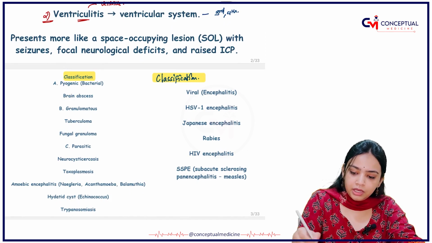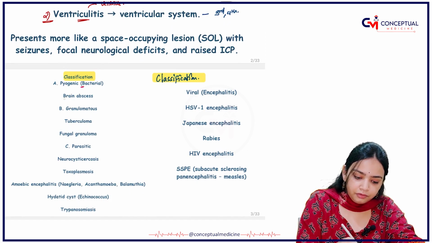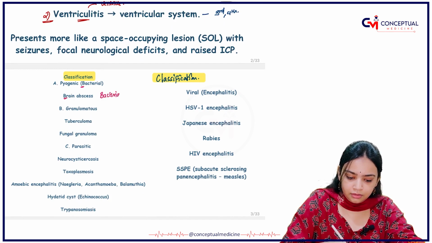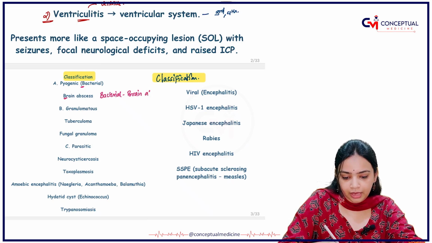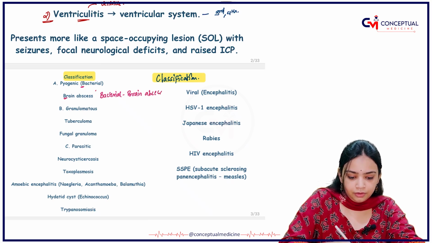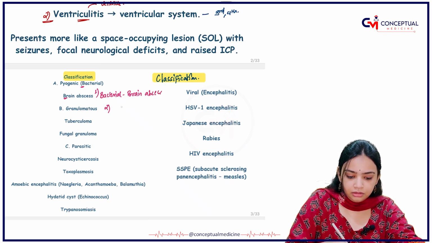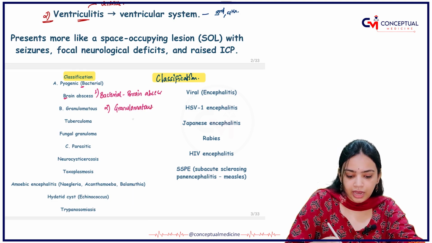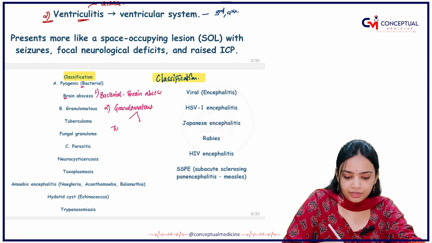So, remember it's B for B: bacterial is for the brain abscess. Then you have the granulomatous. In that you have two categories. You have either the tuberculoma or the fungal.